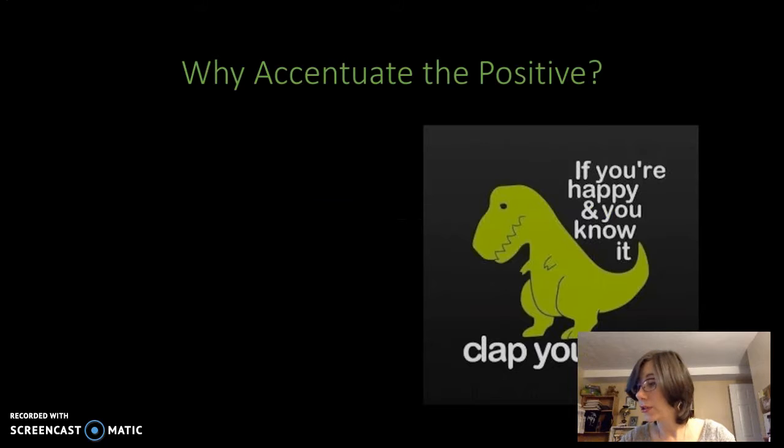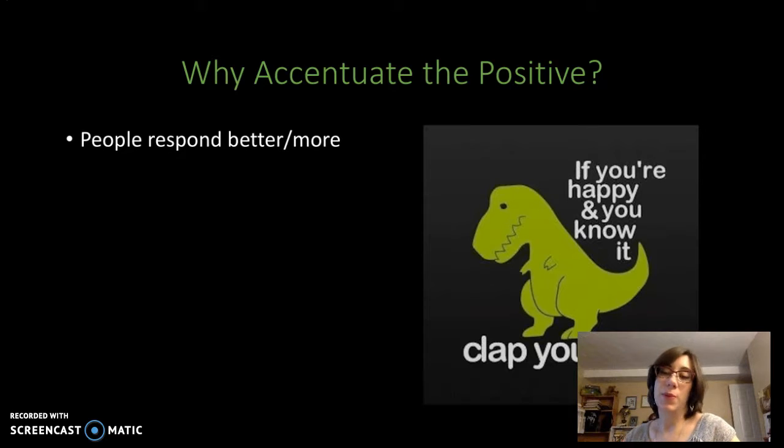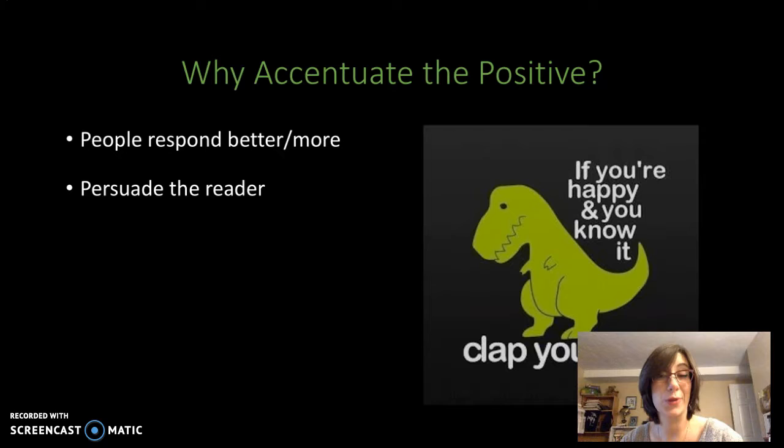So why should you accentuate the positive? And I have for you T-Rex jokes, which are all about accentuating the positive. People respond better when you're more positive, and they'll read more of your writing if you're positive. They'll be more persuaded if you accentuate the positive aspects.